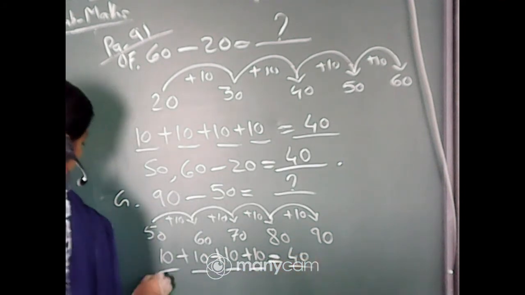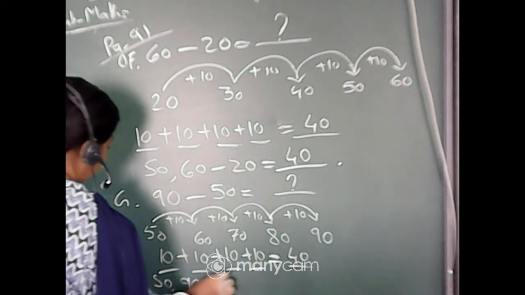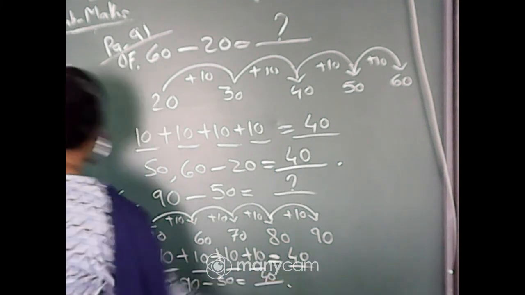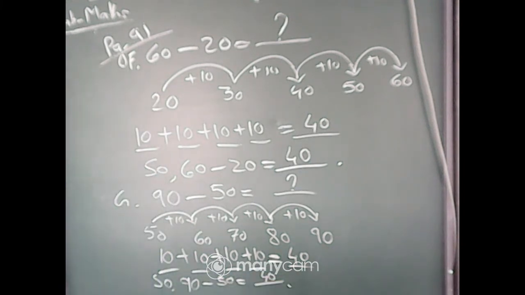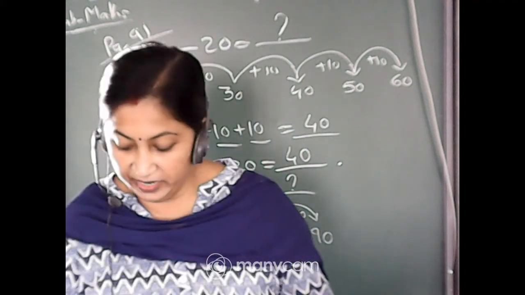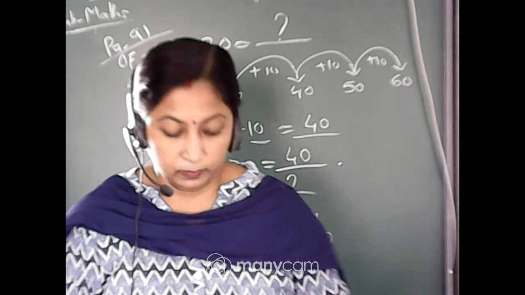So you will write 90 minus 50 is equal to 40. Clear? I think you all have completed this one. It was very easy.